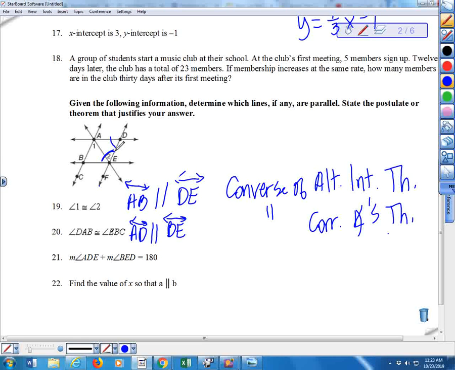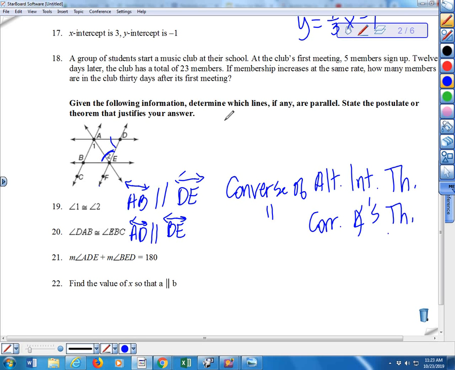Does everybody see that? The transversal would be DE or DF, however you want to call it. Okay, so this would be the converse of what? What's it called? Those two angles. There's two names you can use. Same side interior or consecutive interior. Either one.